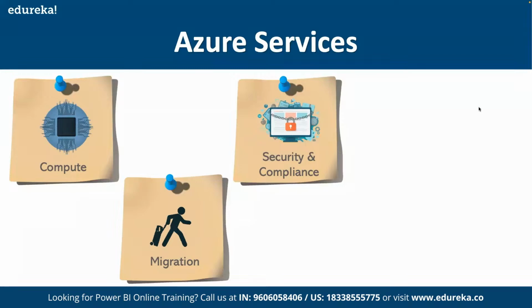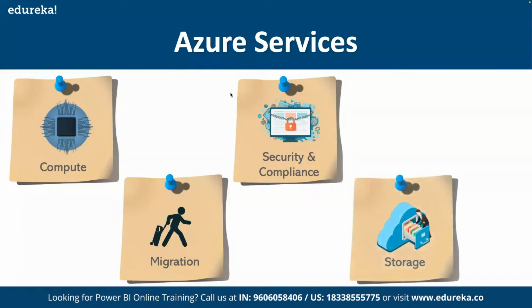It also provides services for networking, which help us establish dedicated connections and gateways. When we talk about storage, as I mentioned, it provides scalable storage for both structured and unstructured data, and also supports persistent and archival storage of big data.